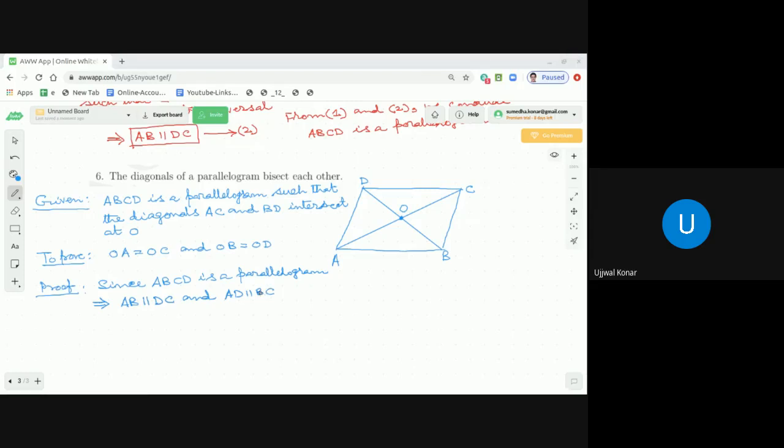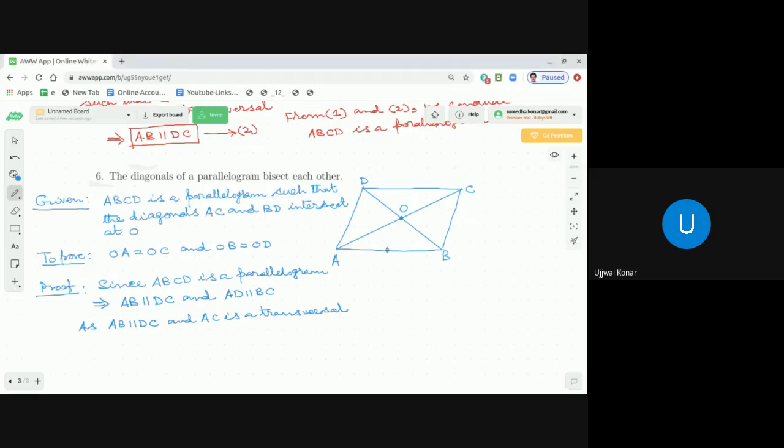And as these two informations are given, let us look into it: when AB is parallel to DC and AC is a transversal, so what can we conclude?